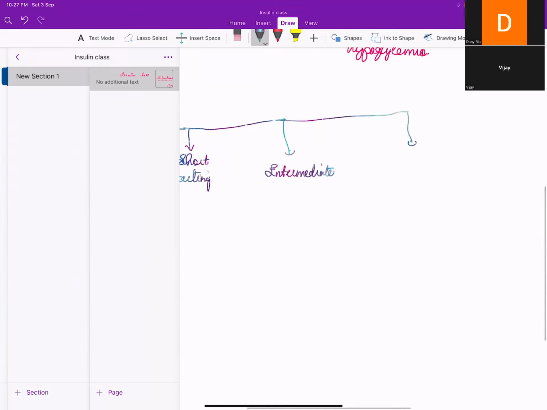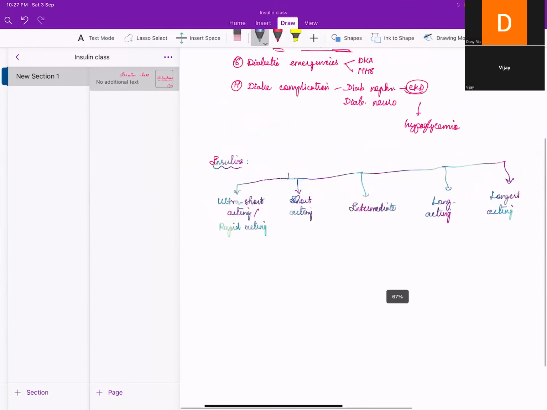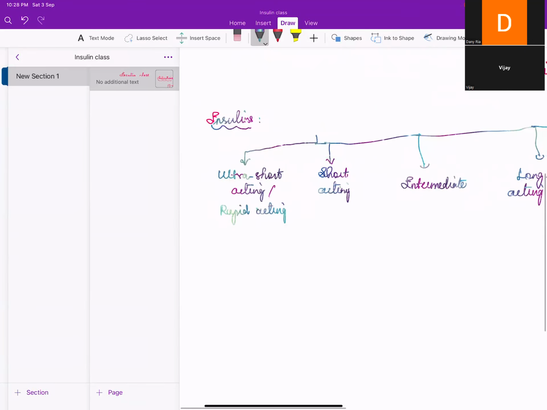Next comes long acting. Next comes longest acting. So: ultra short acting, short acting, intermediate acting, long acting, and longest acting. You should know about each of the names.